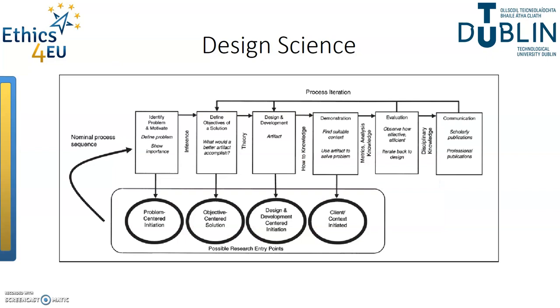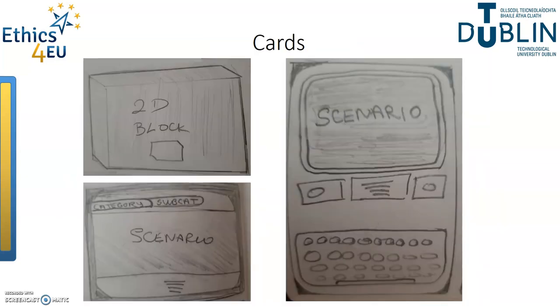For example, we might look at something like this and say we need to, in the rectangular blocks, identify the problem, define the objectives of a solution, design and develop that solution, demonstrate the solution works, evaluate it, and then communicate it effectively. So a clear methodological approach to undergoing a design process.